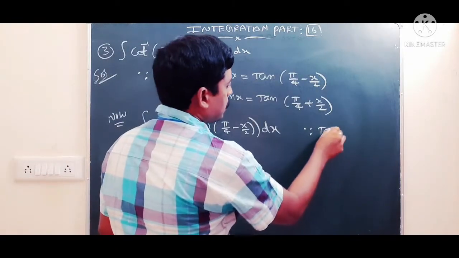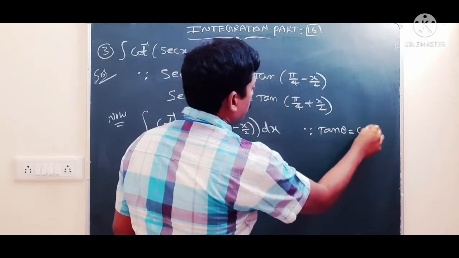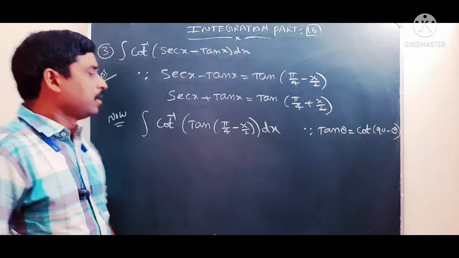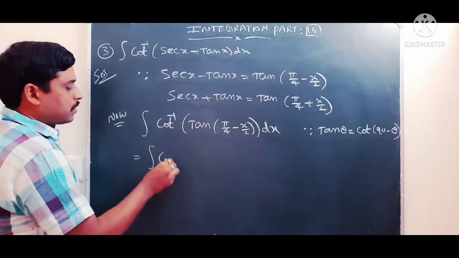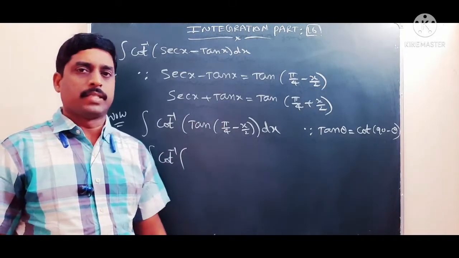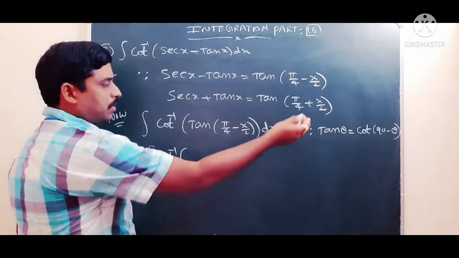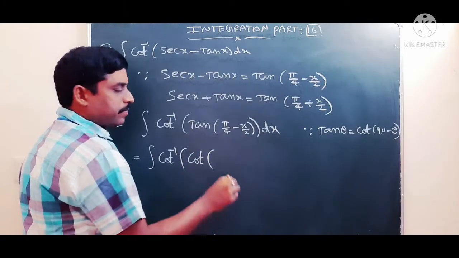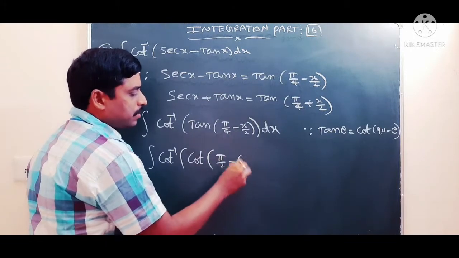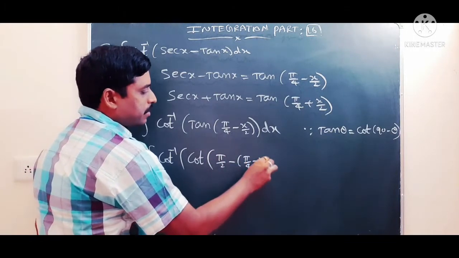We have tan theta equals cot 90 minus theta. In cot inverse, this tan function is converted into cotangent. So by using that formula, cot 90 minus this value: pi by 2 minus pi by 4 minus x by 2.